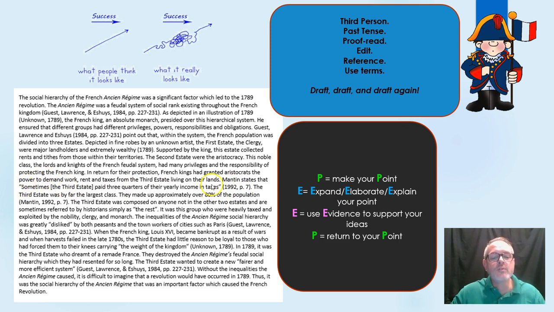Notice quotes are in inverted commas. Hit pause if you want to think about how that's being done. Here's author's surname, year and page at the end of the sentence, and a lot of people are really comfortable doing that. It's interesting, however, that the information that is being referenced isn't in quotation marks. That's an example of referencing an idea within a source, and that's something you should think about doing.